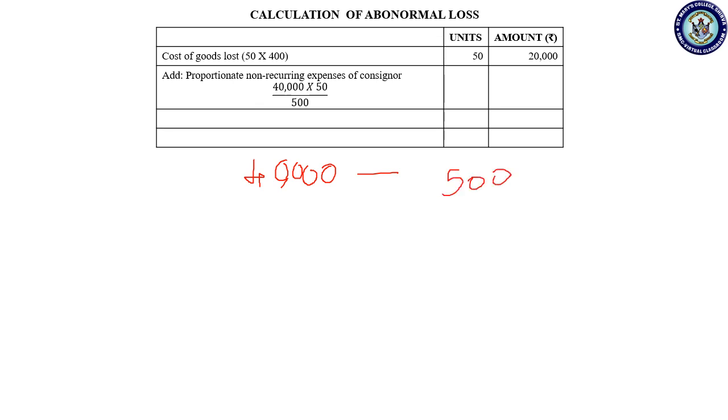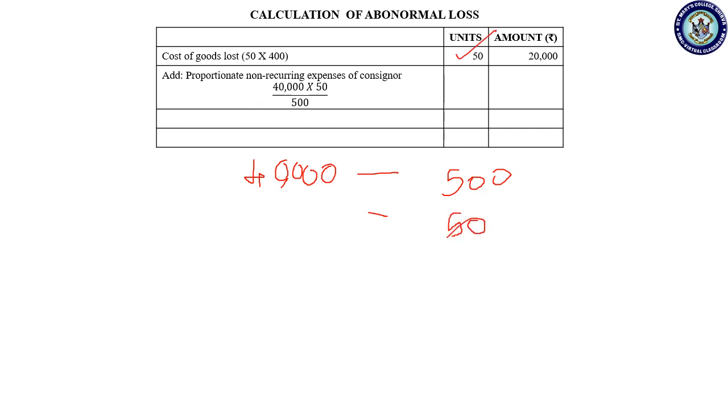See, however many units you consign, that much cost you will incur. So if 40,000 cost is incurred, then how much goods were consigned? 500. You want the cost for 50 units.